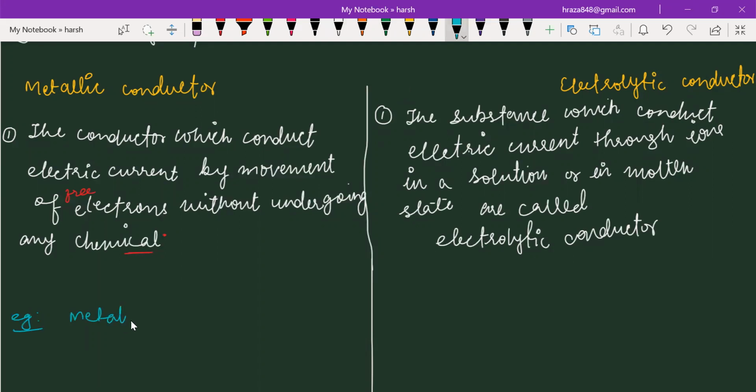Metals, we already know. Non-metals like graphite. In non-metals, graphite conducts electricity. It is an allotrope of carbon, which is a non-metal.